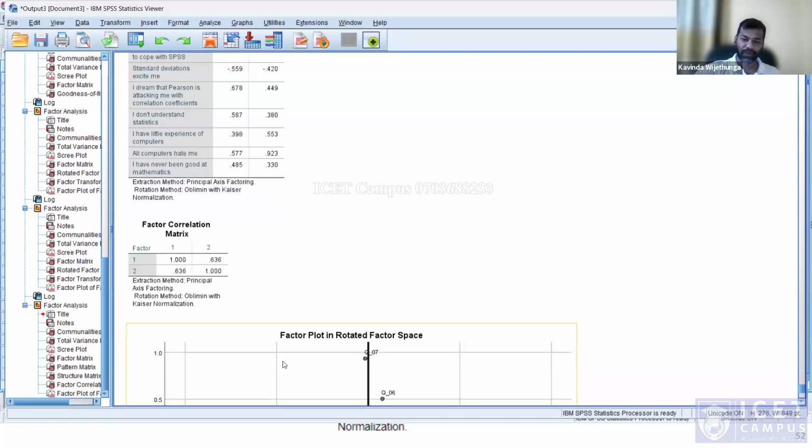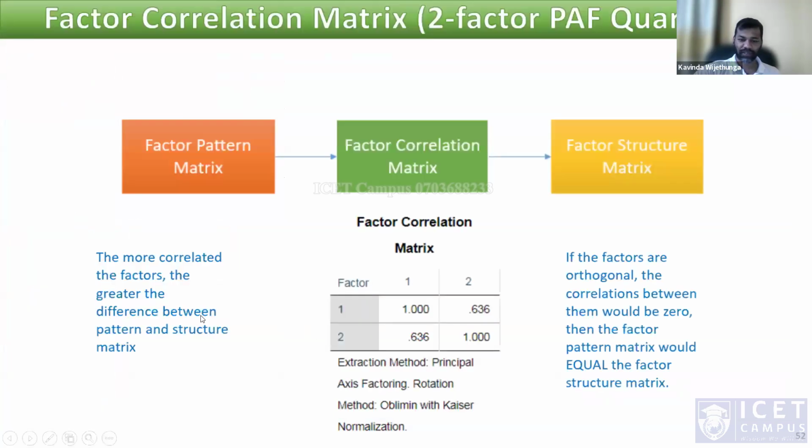If all factors are orthogonal, the correlations between them would be equal to 0. Then the factor pattern matrix would be equal to the factor structure matrix, right? The more correlated the factors, the greater the difference between the pattern and structure matrices.